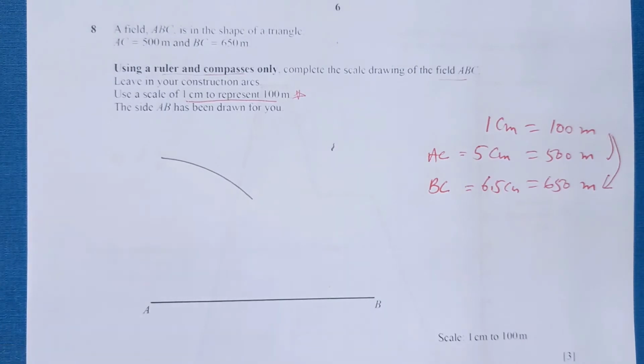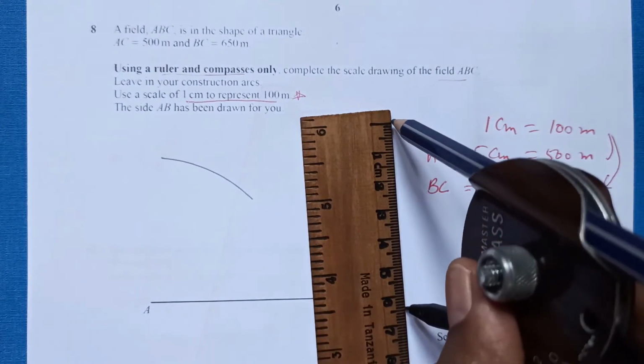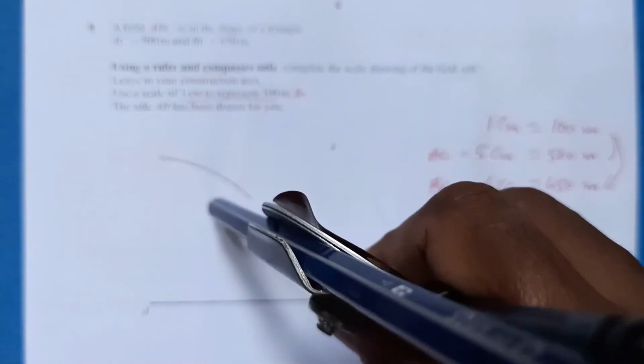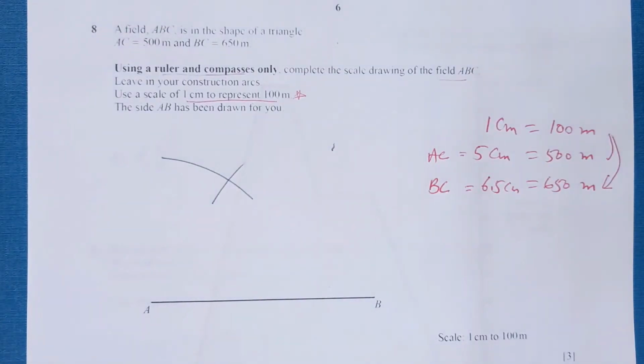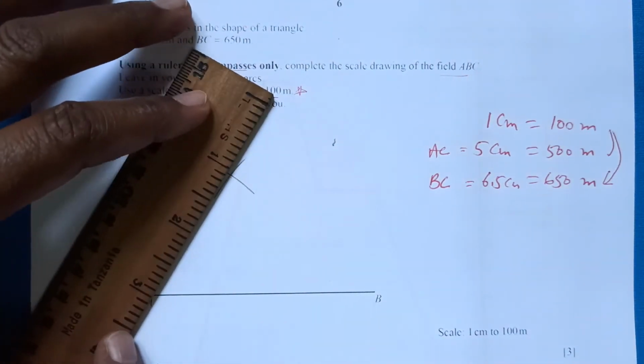And BC is 6.5. Now open your compass 6.5 exactly. Then put your needle on point B and draw an arc that intersects the previous one at this point. So we can join this point to A and B. You must use a pencil to draw the diagrams.